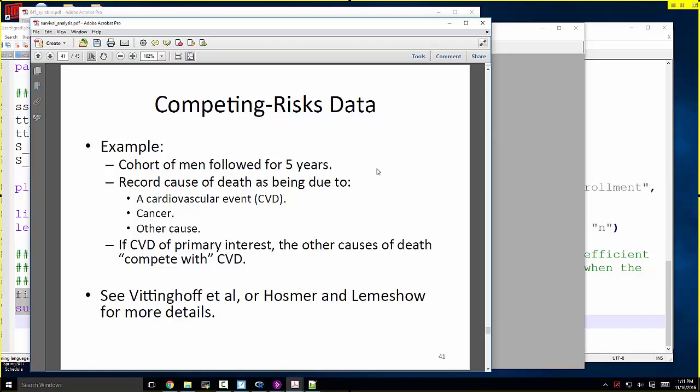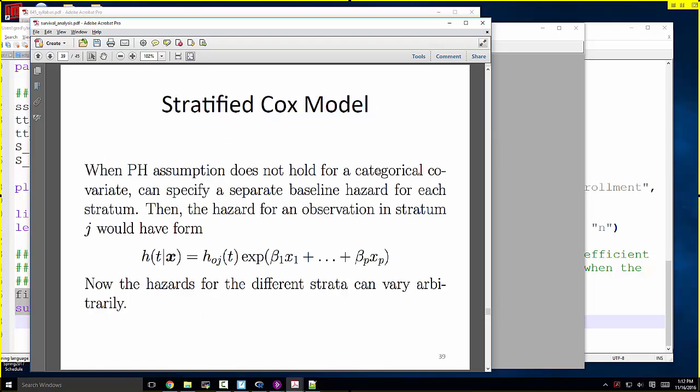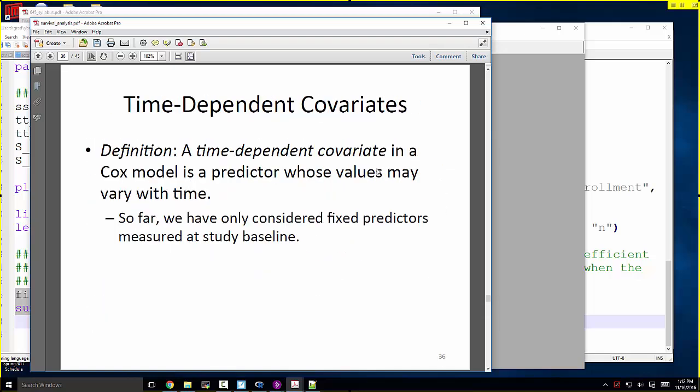There is a whole set of techniques and methods that are available for trying to tease out issues like this when there is a so-called competing risks issue. And I'm going to refer you to the book for details on that. For our purposes, I want you to be aware of issues like time-dependent covariates.